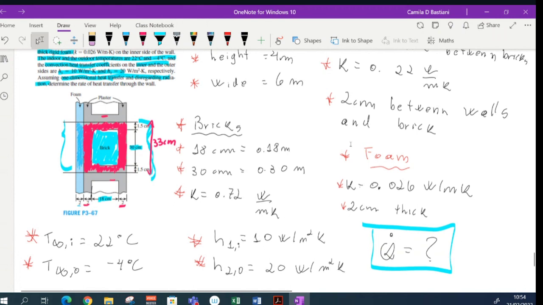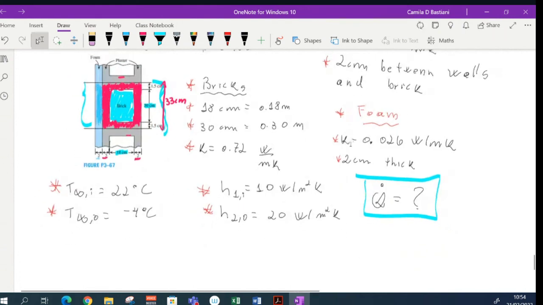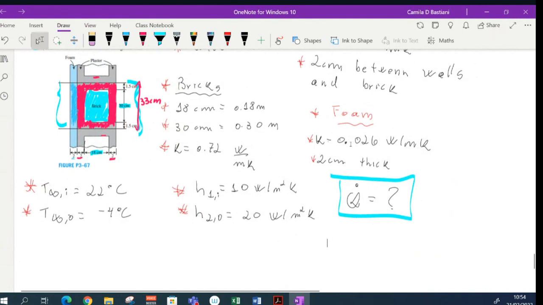Okay, the first thing we do when attacking a problem like that is first stating your assumptions. So we are assuming here steady state. What else am I assuming? One-dimensional conduction and convection. Always state your assumptions.